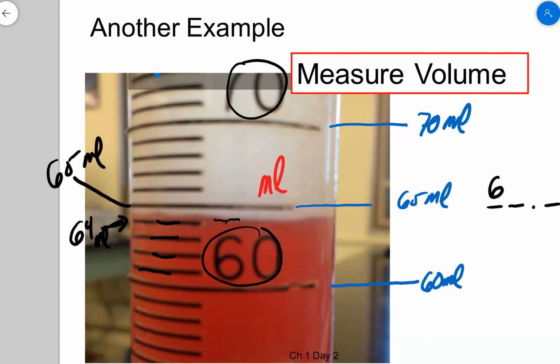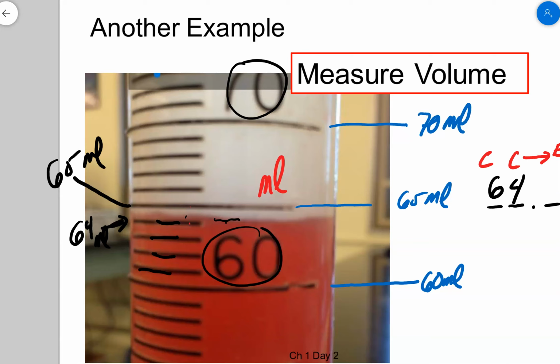We're going to get into errors in measurement later, but I know that it's more than 64 and less than 65. So I'm going to write down 64, and I am certain of those. Should I stop? No, you cannot stop, because you have to get to an estimate. And that is going to be the next digit, because there are no more tick marks between 64 and 65.